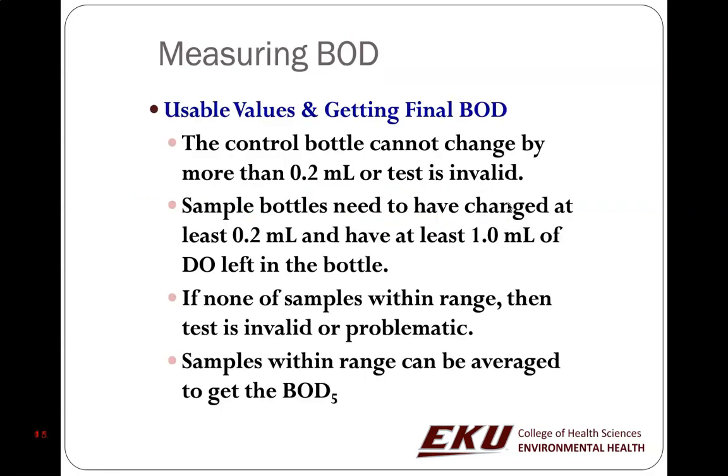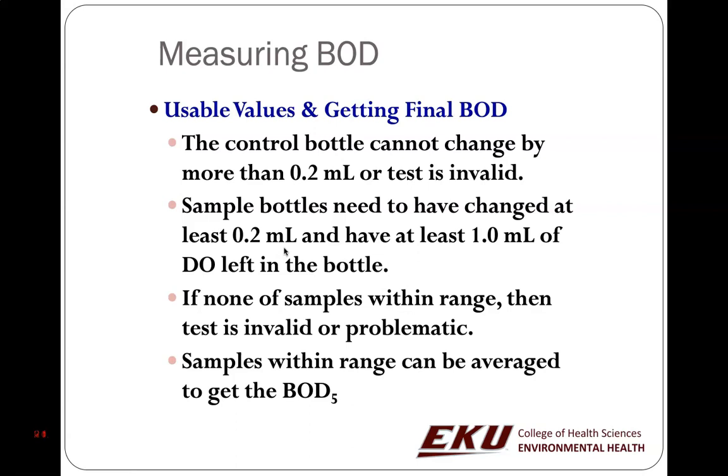Now, there are some rules in determining how to actually get your final BOD value. The control bottle should not change much. If it changes more than 0.2 milligrams per liter, the test is supposed to be invalid. And then our sample bottles need to make a change.